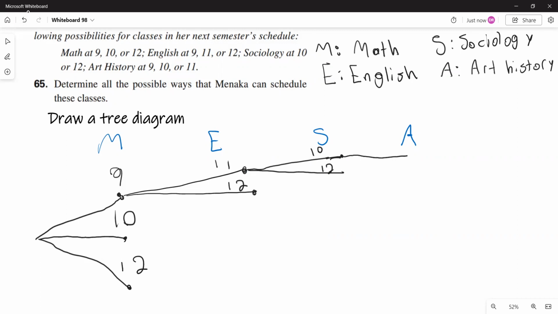So that's not possible. If she chose math at 9, English at 11, and sociology at 10, she can take art history at 10. Now, let's suppose that she schedules math at 9 and English at 12. So she can take sociology at 10. And art history at 11.